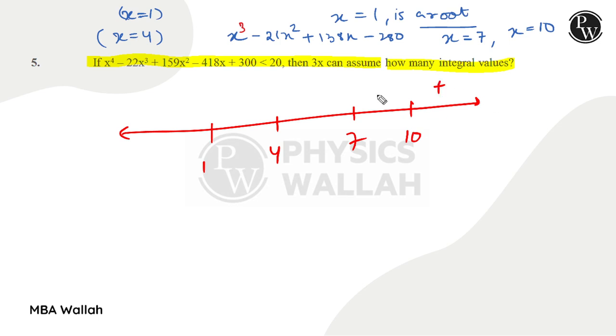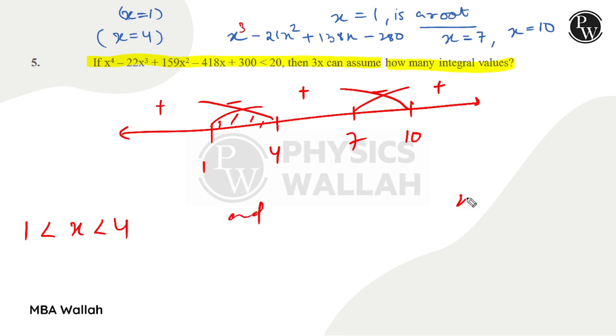Now remember the scheme that we use. We need negative values, so x can be between 1 and 4, and x can be between 7 and 10.